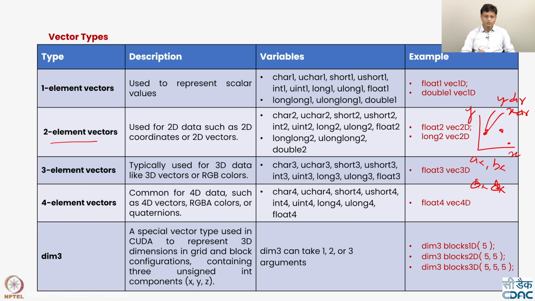Otherwise, we can use the 2D vector element functionality, where I declare a float2 type vector and keep the two values in a single variable. The x and y coordinates go with respect to one variable, say A is the name of the dot, and its values, like 1.2 or 3.2, will be stored in a consecutive memory location. So, memory accessing will improve.